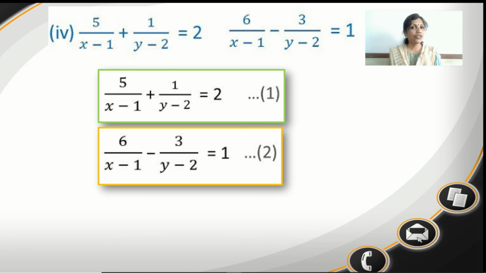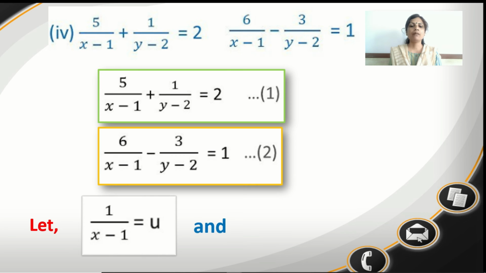Now how to substitute here? Because at the denominator we have not only variable, but we have a constant term along with the variable. So here the substitution will be like this. Let 1 upon x minus 1 is equal to u and 1 upon y minus 2 is equal to v. So in place of 1 upon x minus 1 and 1 upon y minus 2, we will substitute u and v.